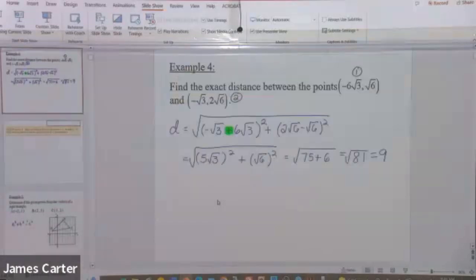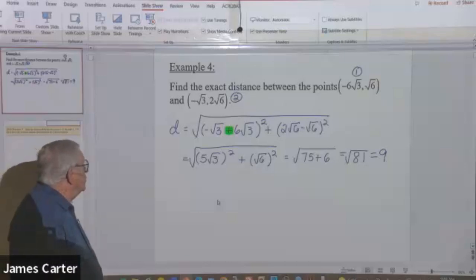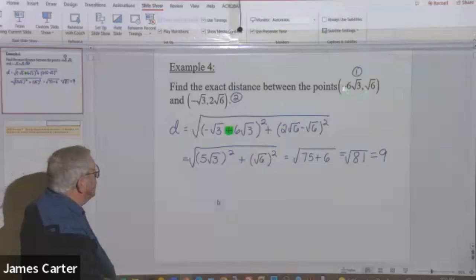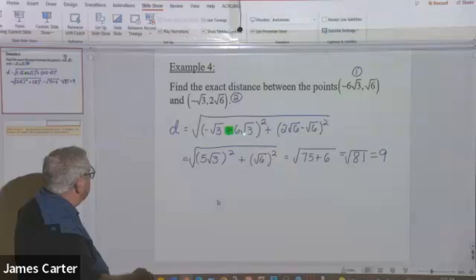Here's another one, more complicated still. Now we have radicals inside radicals. And by the way, the calculator will work this one too. You would just type in 6, radical symbol 3, get out of that, parentheses, square, similar to what we did last time.